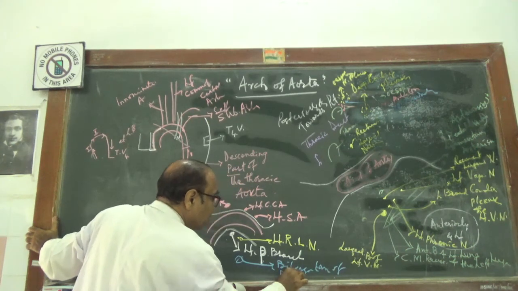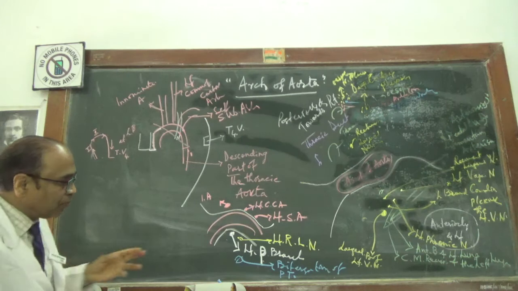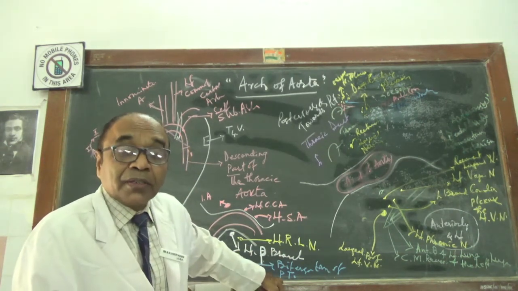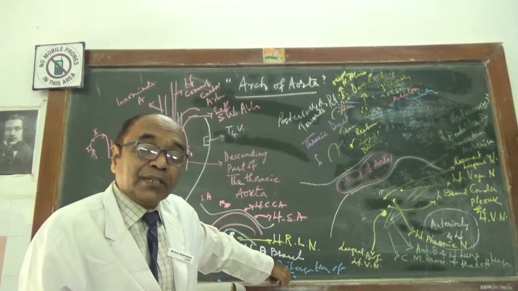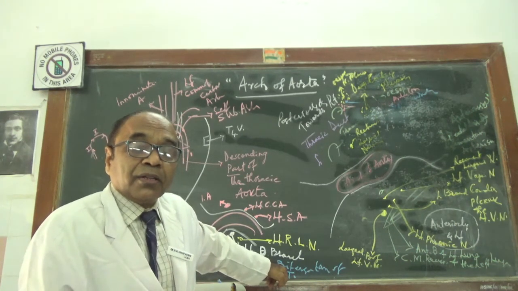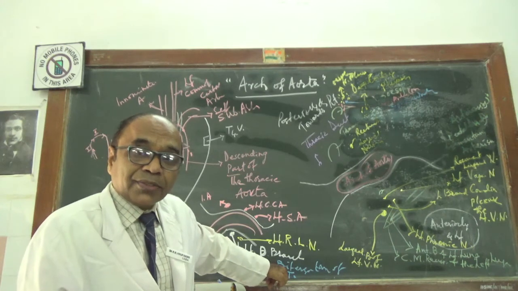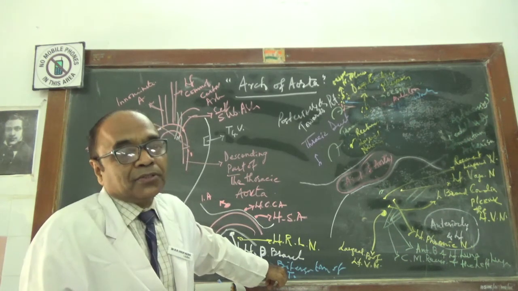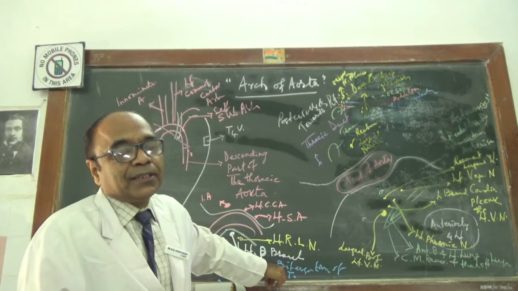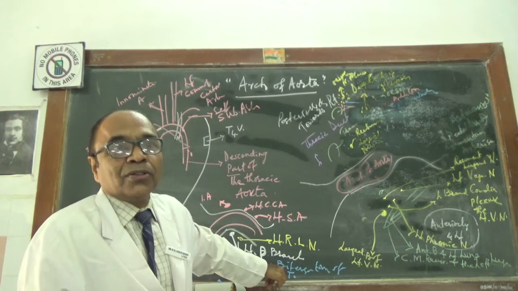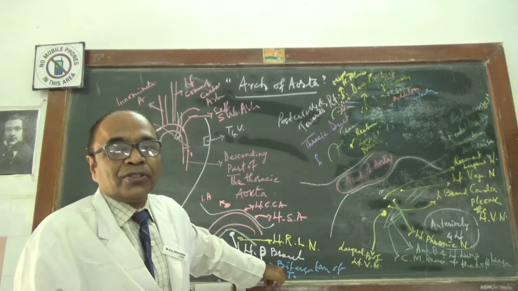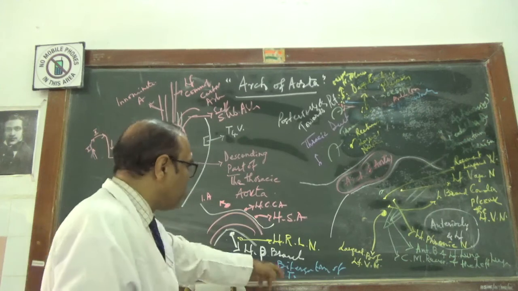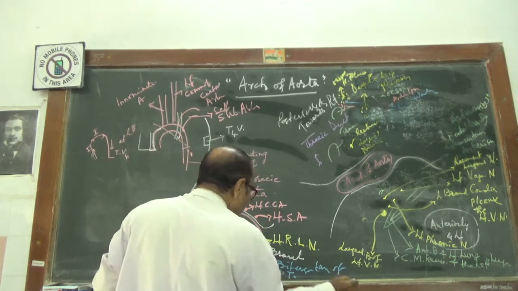Now this bifurcation of the pulmonary trunk, as you know, is in the right ventricle. It is the outflowing orifice of the right ventricle. The pulmonary trunk runs up, lies in the visceral layer of the serous pericardium, and then starts splitting under the concavity into two, right and left.